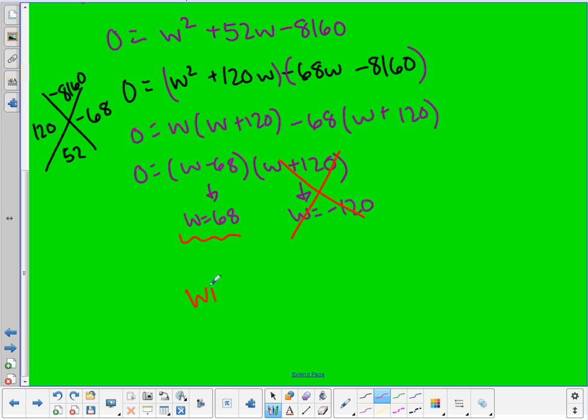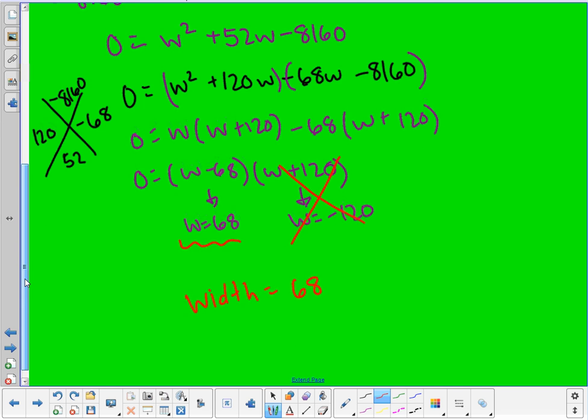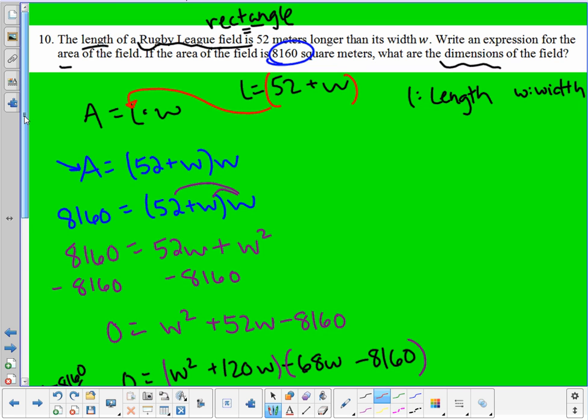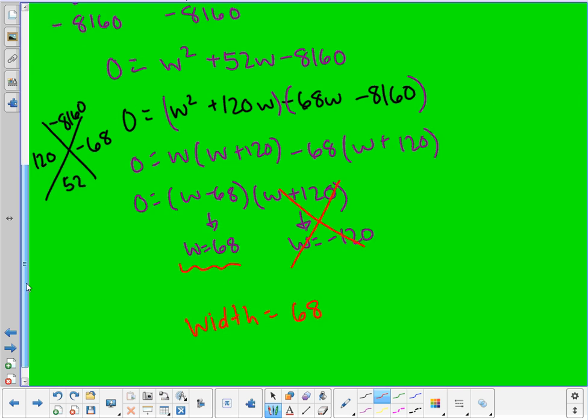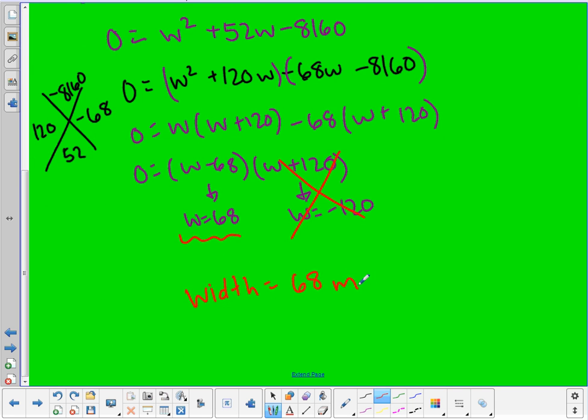So width is 68, and let's just check here. Meters is what we're looking at. Makes sense. We're talking about rugby. That's usually European. So 68 meters, which means my length is going to be 68 plus 52, which is coincidentally that positive 120.